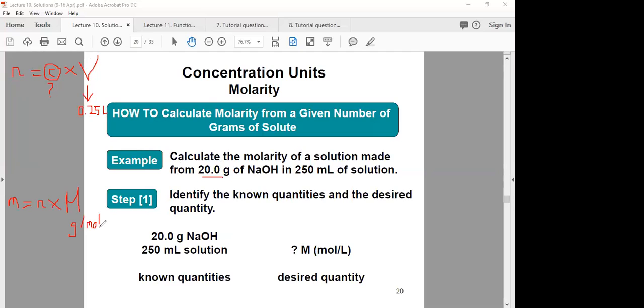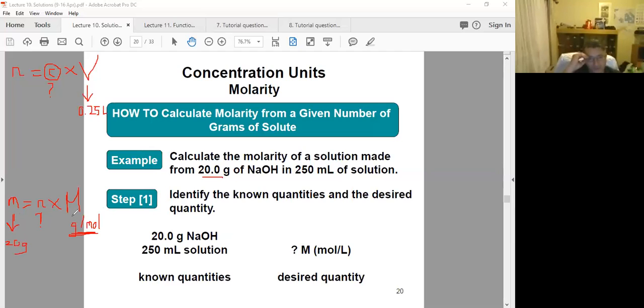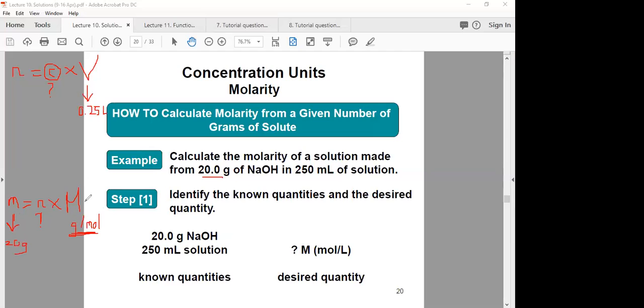So this molar mass is used as a conversion factor to relate moles to mass. All right, we know mass: 20 grams is our mass. We need to know the number of moles. This is our unknown. And where do we get this molar mass from? From a periodic table. Correct. So always remember, you can calculate molar mass directly from the periodic table.